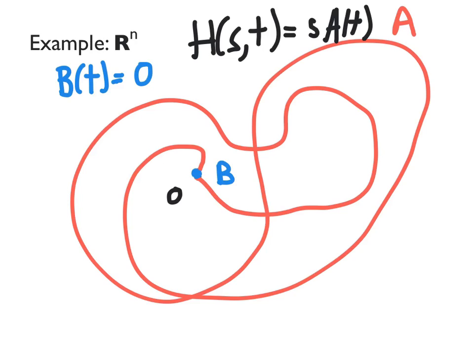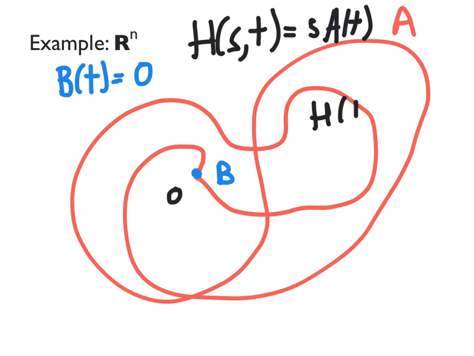I can rescale it by any number, in particular by S between 0 and 1. If I rescale it by 1, so when S is 1, I just get A again, because multiplying by 1 doesn't do anything. If I multiply by 0, so at S equals 0, then all the points get mapped down to the origin.